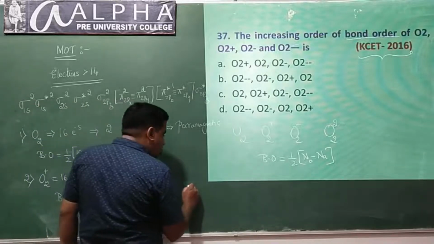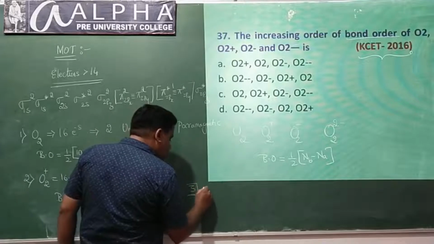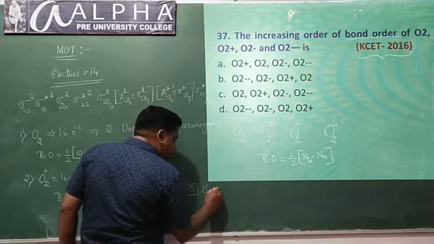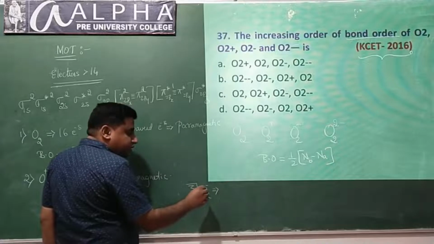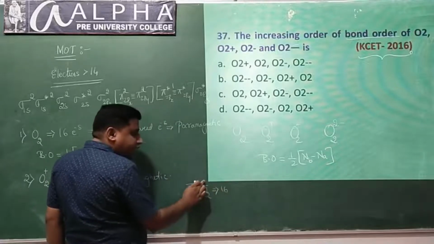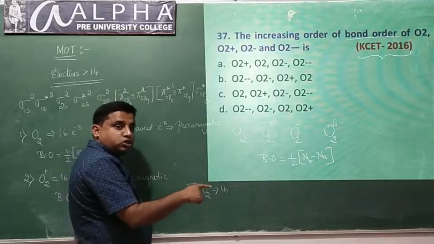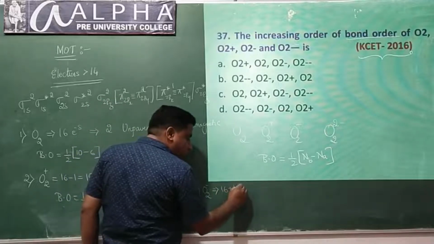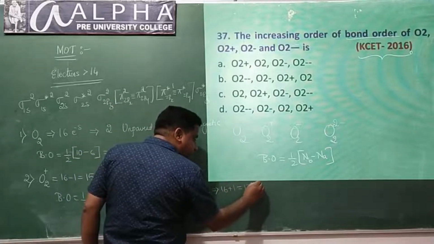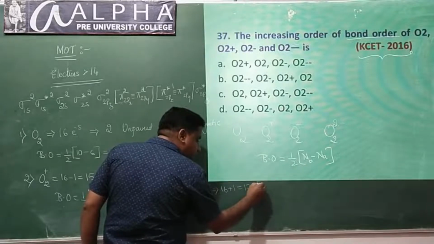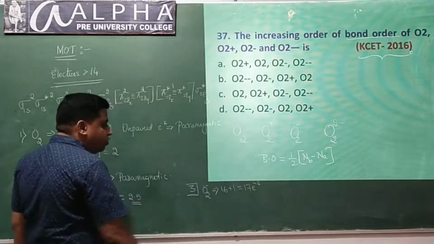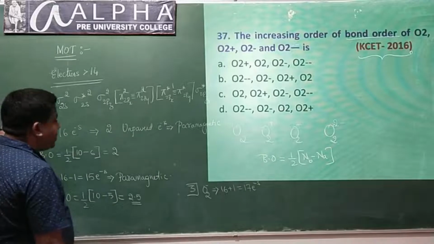Next, O2 minus. How many electrons here? 8 twos are 16, but there is one negative charge. If there is a negative charge, then you have to add that charge to the total number of electrons. So it is going to be 17 electrons. So let us fill those 17 electrons in this electronic configuration.